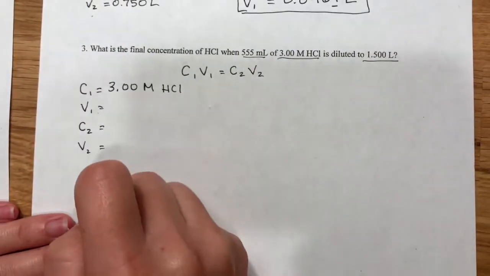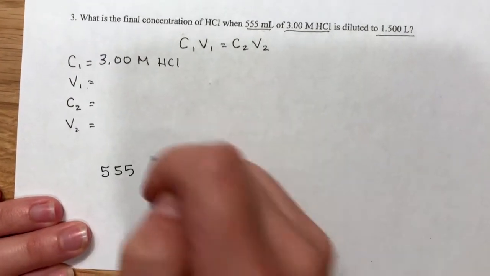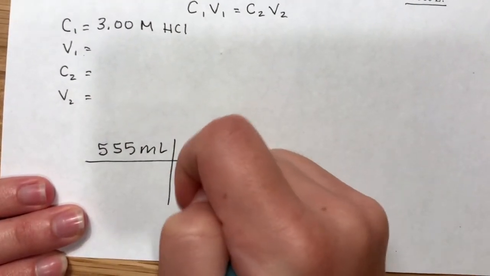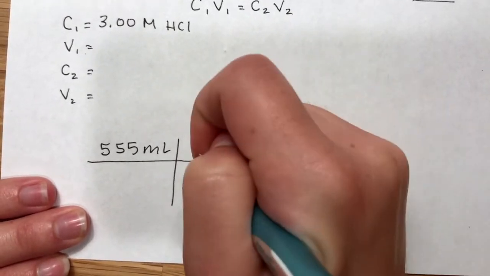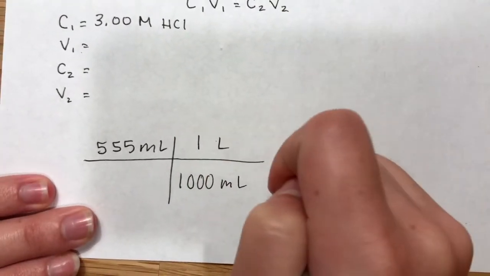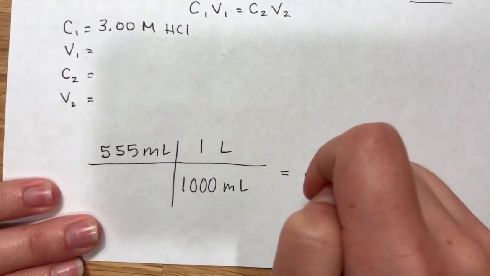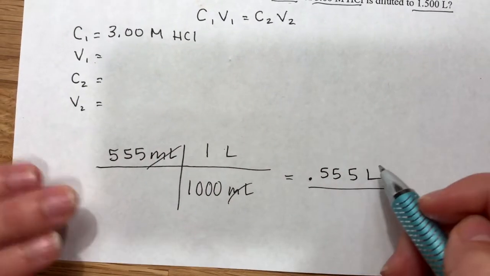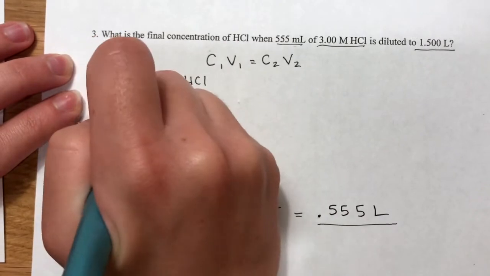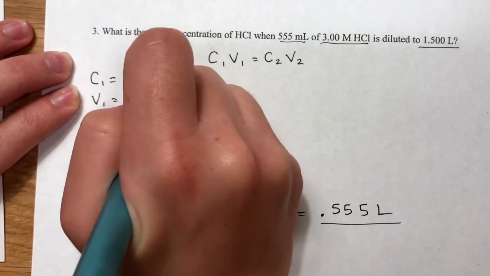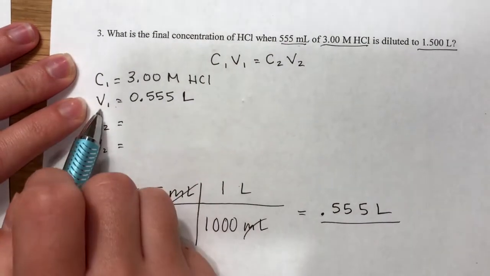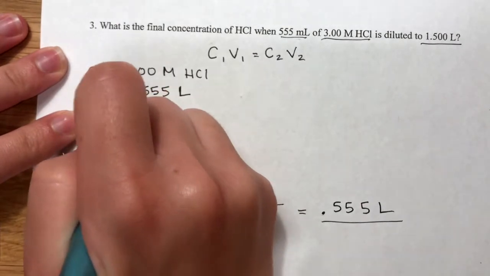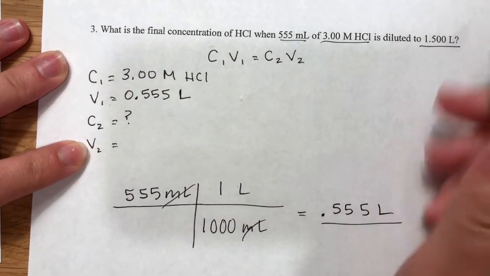So to do that, we take 555 milliliters, using the conversion that 1,000 milliliters is equal to 1 liter. That'll give us 0.555 liters. These cancel out. So our volume 1 is 0.55 liters. Okay, and then our concentration 2, they don't give us, that's what we're looking for. And then the volume for that is 1.5 liters.